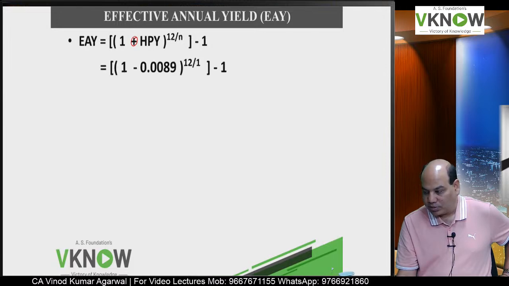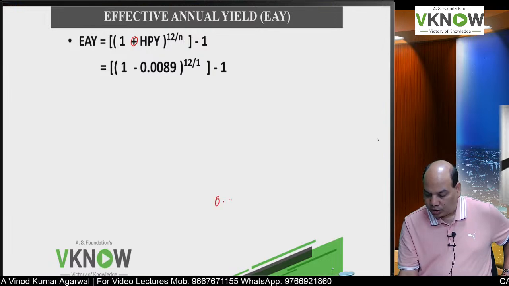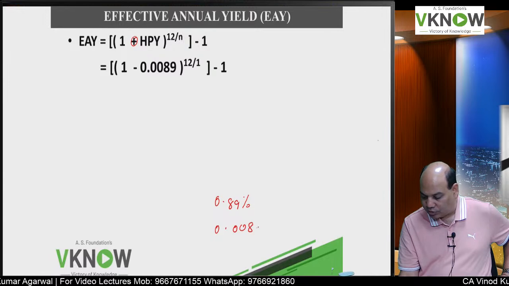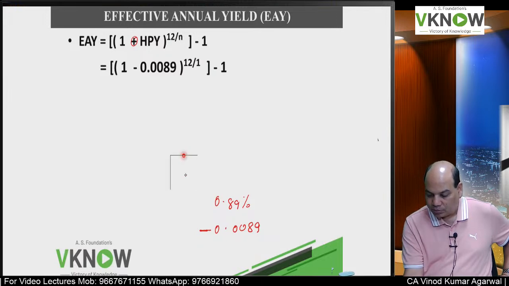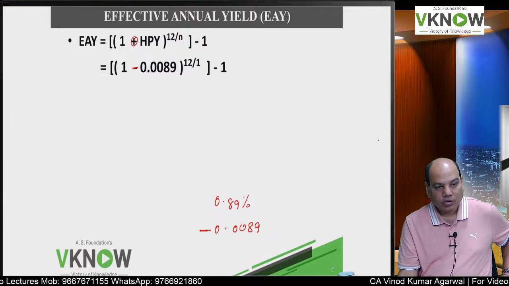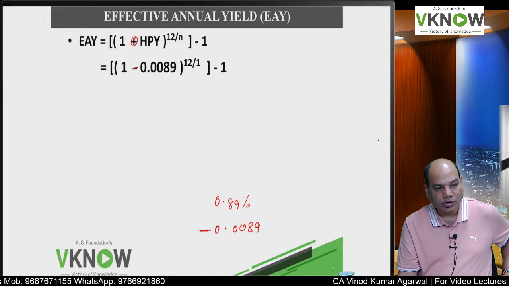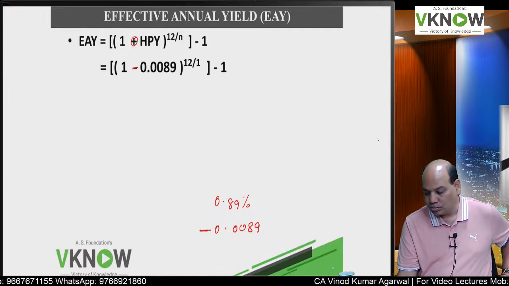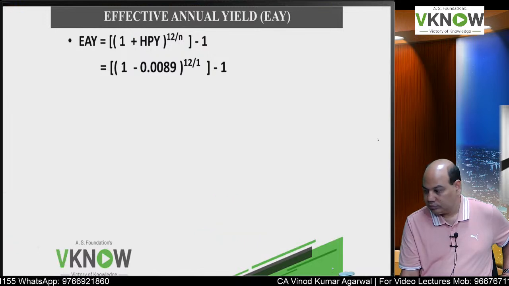Now I'll put the numbers like this: 1 minus 0.89%, which is 0.0089. Because you have got a negative return, I'll put a negative sign here. So 1 minus 0.0089 to the power 12 by 1, minus 1. So you have to solve.